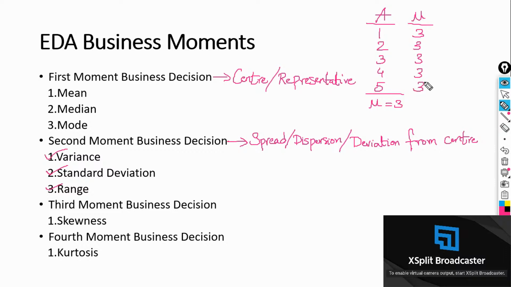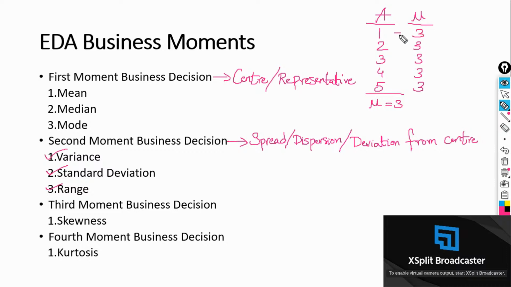Why did I write this, or why did I represent mean as a vertical column? You'll understand. What does second moment capture? It captures spread from the center of each and every data point, of each and every observation. Okay, spread from the center. This is my center and this is my actual value. Now, can I know how many units is one spread from the center value 3?